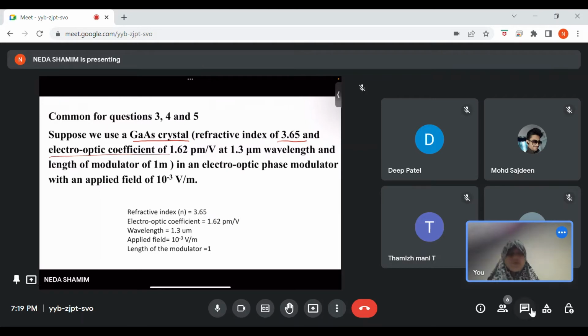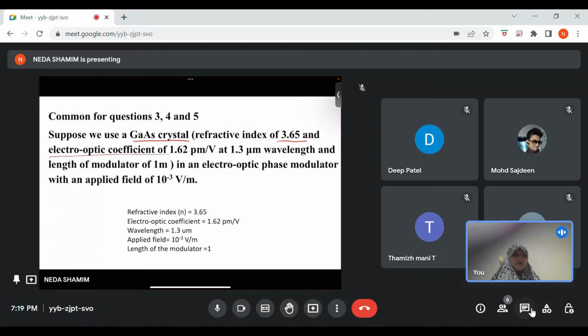The wavelength of the light is also given, 1.3 micrometers. We are also given the length of the modulator. In this electro-optic modulator we have kept this gallium arsenide crystal, and the electric field applied to the modulator is 10 to the power minus 3 volts per meter.